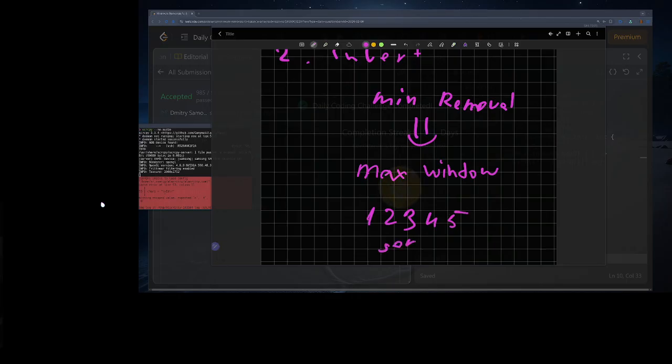Just sorted, and then we can check the first value and the last value, and first should be first times k, and 5 compared to 5.